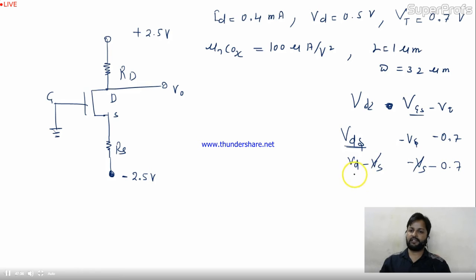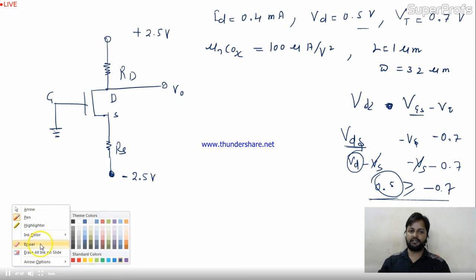This VS can cancel out. VD is given in the question as 0.5, so 0.5 is greater than minus 0.7, which means definitely it's working in the saturation region.